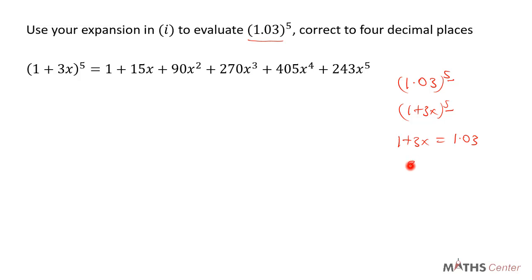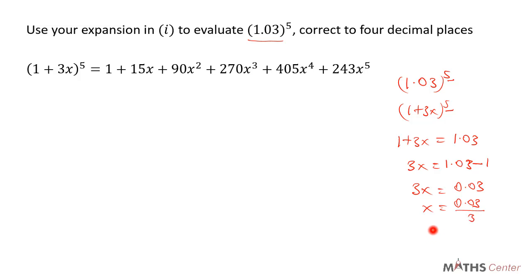So we are going to have 3x is equal to 1.03 minus 1. This gives us 0.03. To get the value of x, we will divide both sides by 3, and that will give us 0.03 divided by 3.